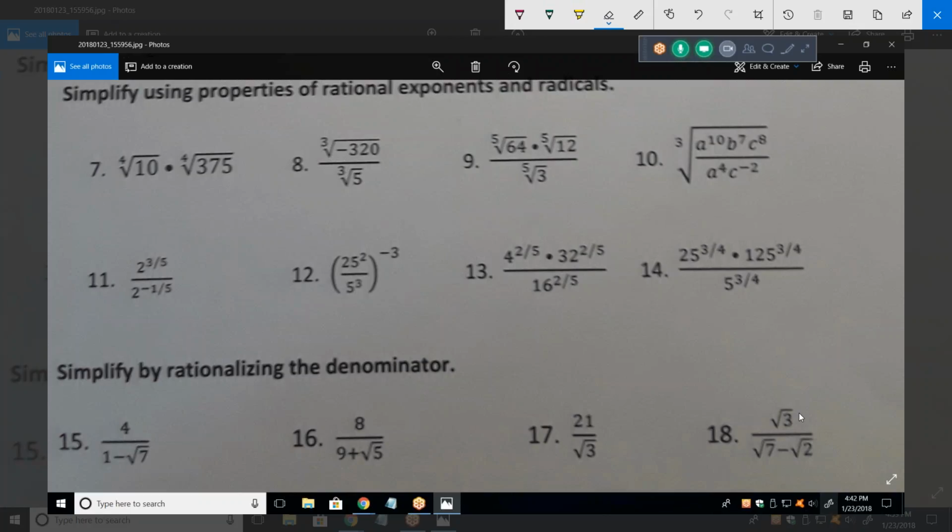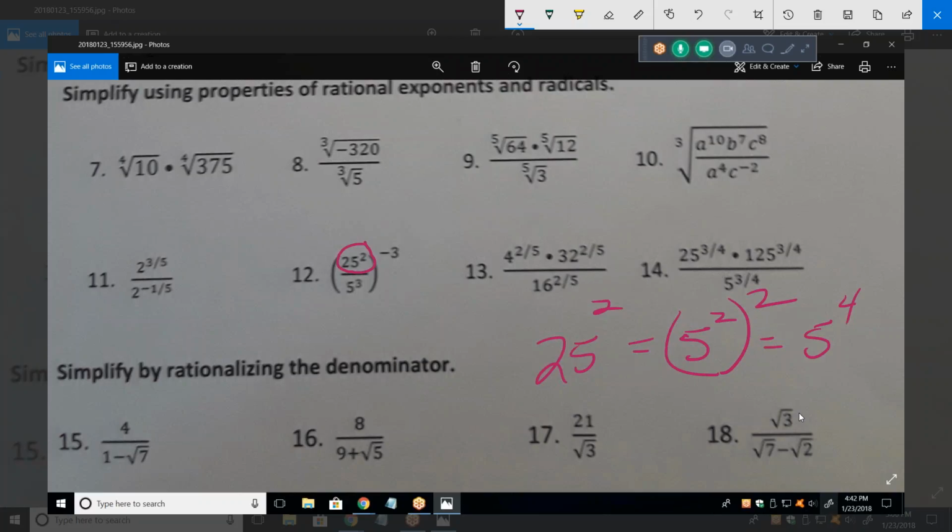However, let's work with this one and see if we can put that in terms of 5. 25 squared is what in terms of 5? Well, that would be 5 to the 4th, right? Yeah, in other words, here's what I'm going to do. I'm going to take 25 squared, and I'm going to write the 25 as 5 squared in parentheses. And there's 5 squared, and that is 5 to the 4th.